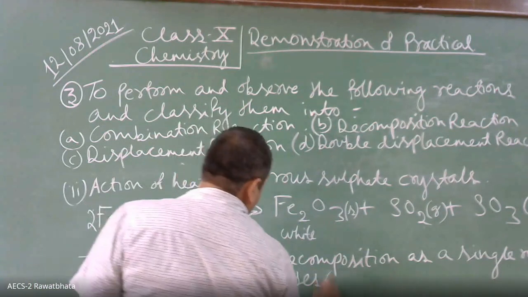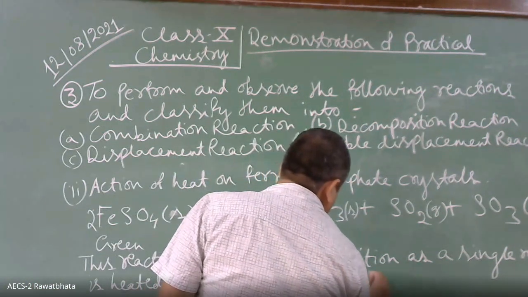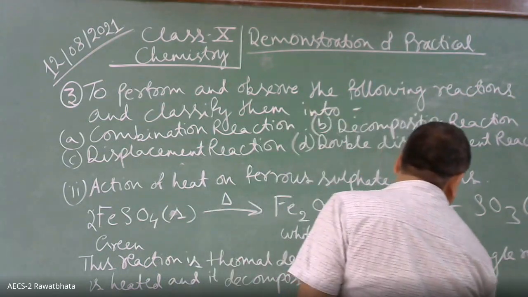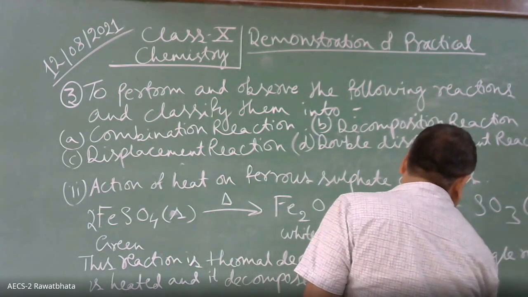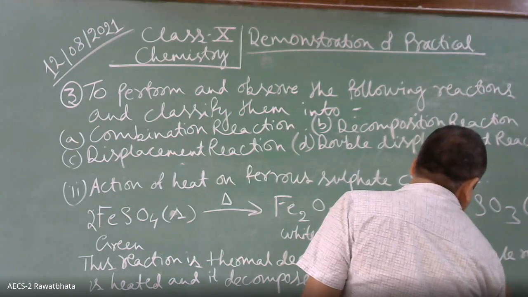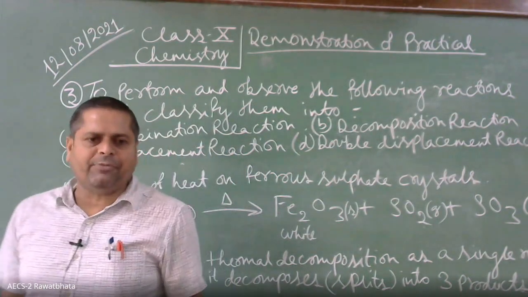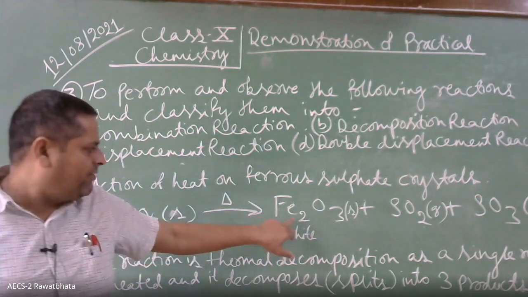Decomposes means splits. You can use the term split. It splits into three products. The names of the products you already know. Okay. What are the products? Ferric oxide, sulfur dioxide, and sulfur trioxide.